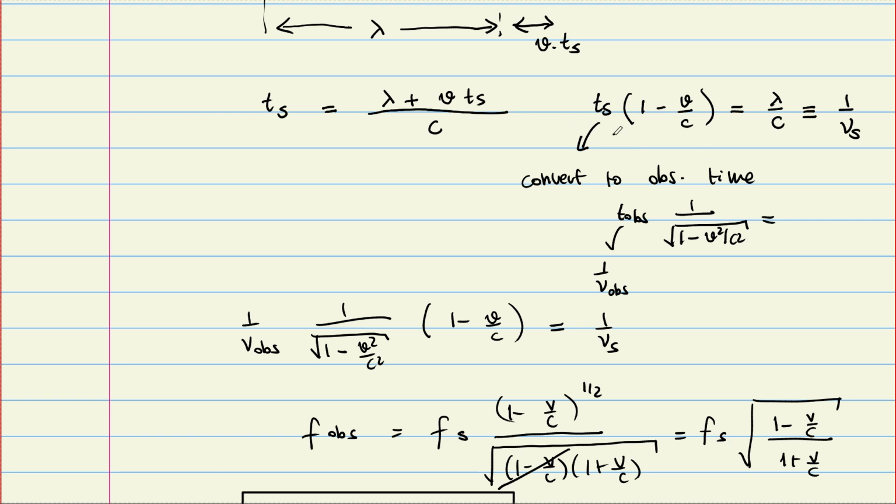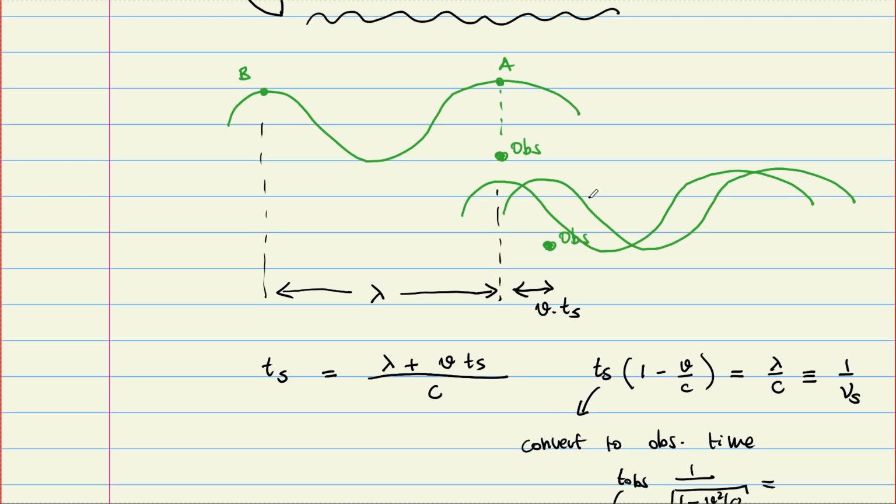So first I said in the source frame, this entire equation is in the source frame. I said how much time it takes between the time A is received by the observer and B is received by the observer, right? Like you are moving, I'm looking at you, and you receive A, and I start my clock, and you keep moving, and then you receive B, and I stop my clock. That's what I'm trying to calculate.